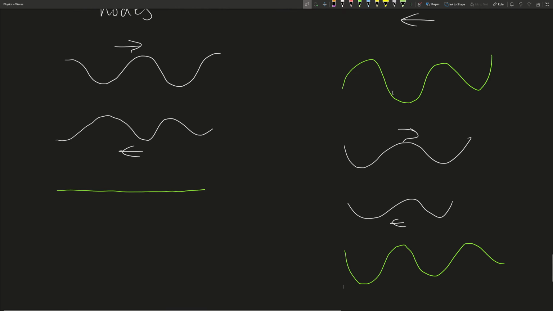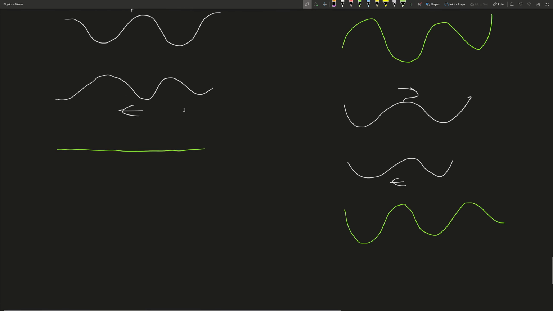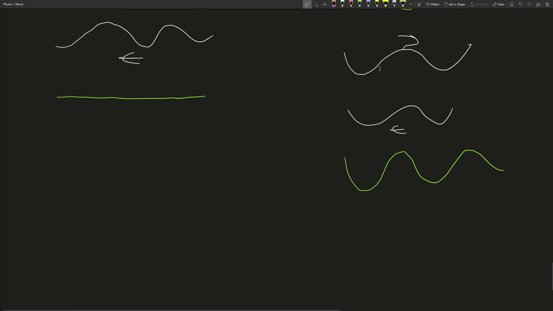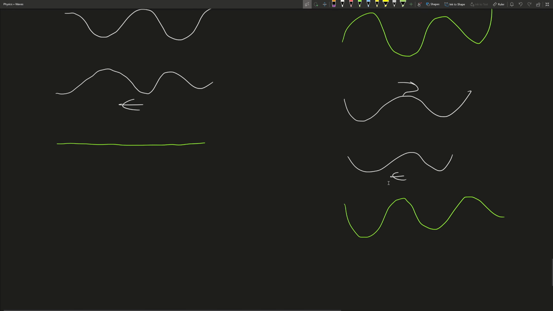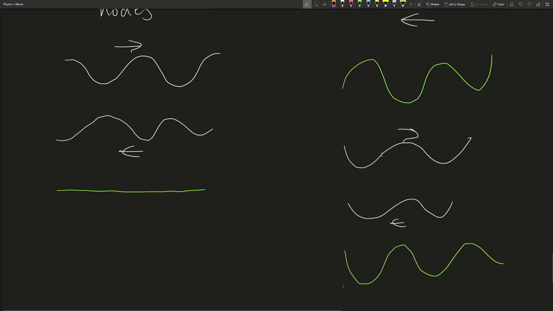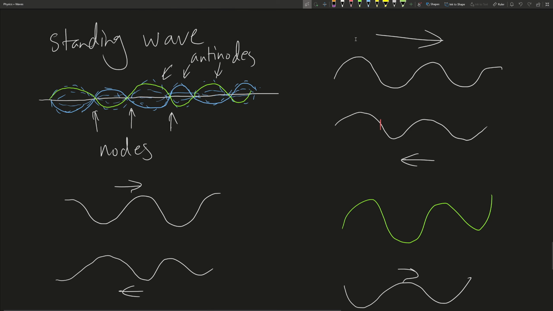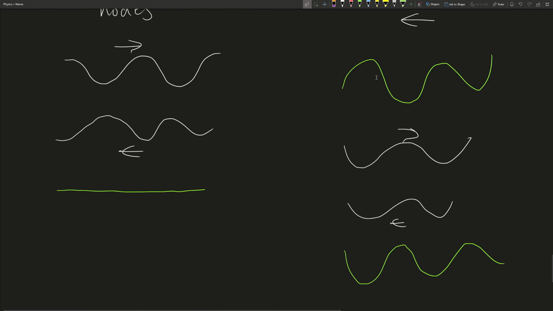But this way you can see that there are points where this wave doesn't seem to be moving. The interference at these points is always destructive, which means it always cancels out. They're at 0 right now, but at these points they're always going to be 0.